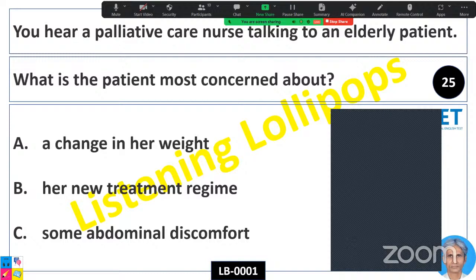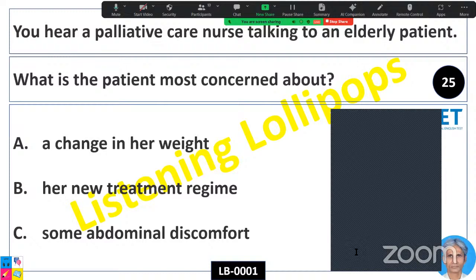Next one, option B. In option B, one word, the more important one. I don't want two words, two words is a headache.